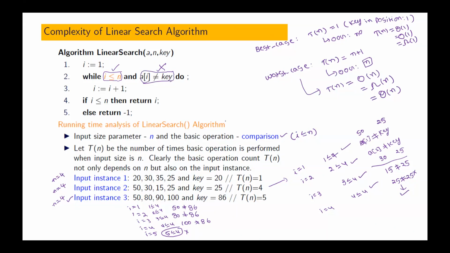So if we know that for the same algorithm the key is present in the n minus 10th position, then what is the running time in this case?